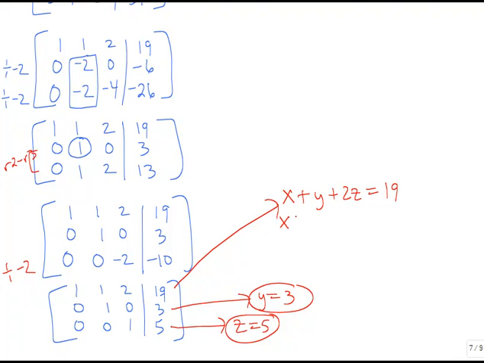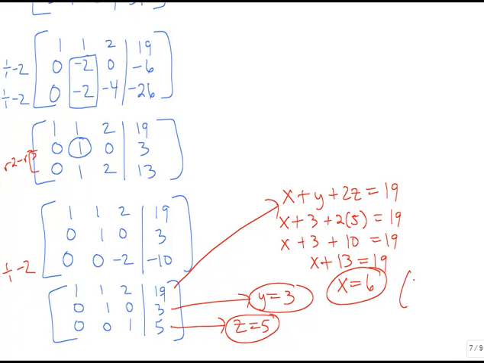So substituting in, I get x plus 3 plus 2 times 5 equals 19. So x plus 3 plus 10 is 19. X plus 13 equals 19. So x is 6. So my final solution is 6, 3, 5.